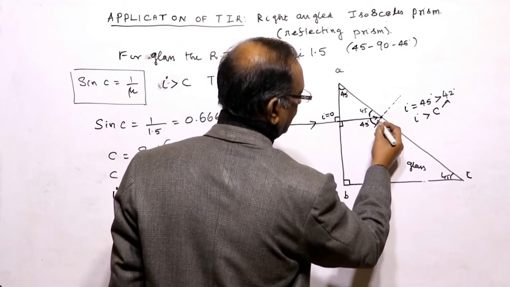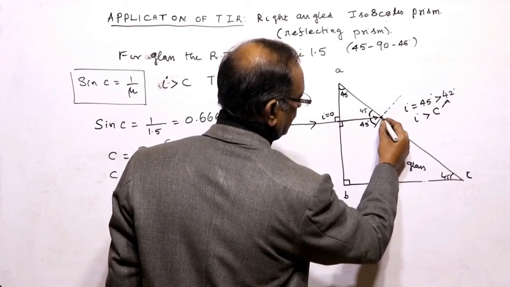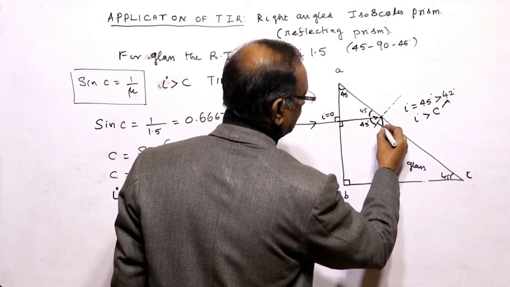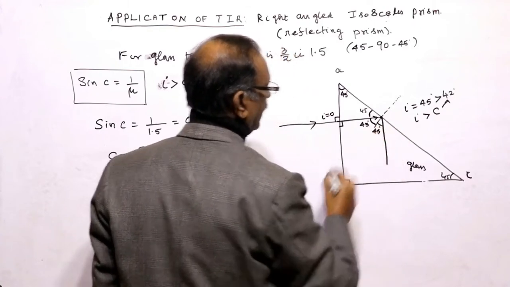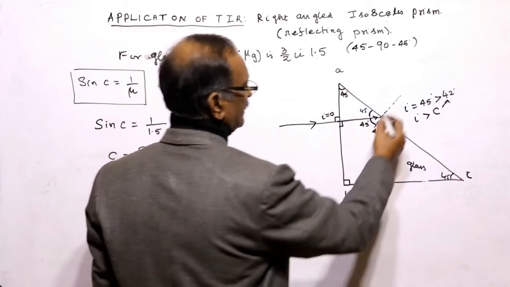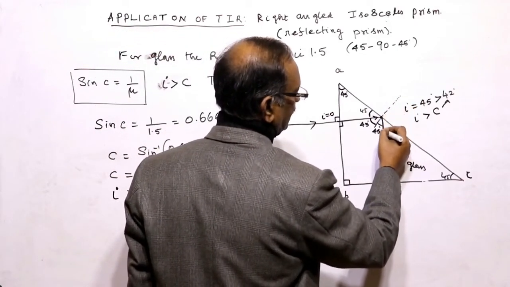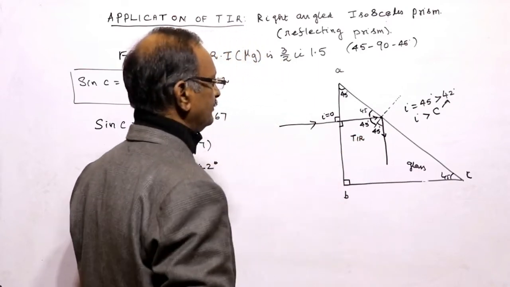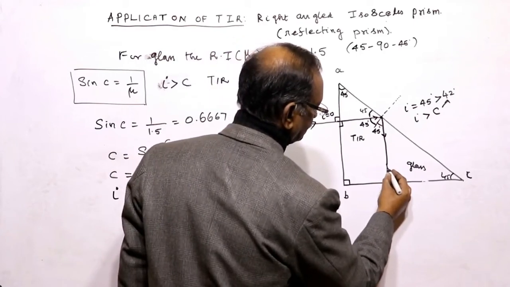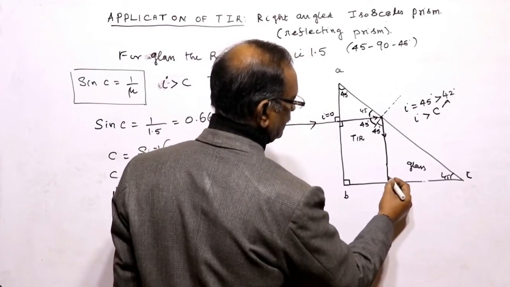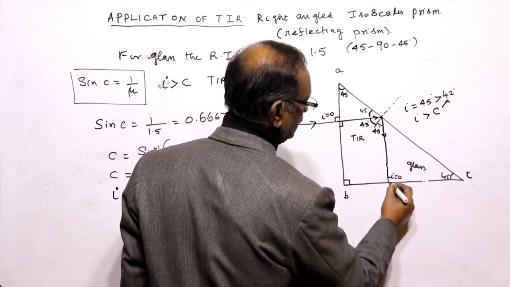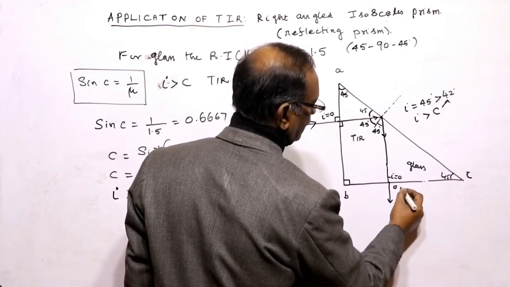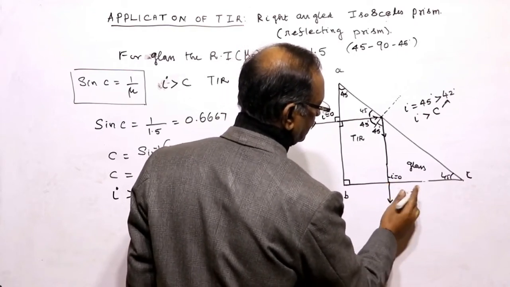So this is the angle of incidence at this point, and with respect to the normal, it will undergo exactly 45 degree as the angle of reflection. This is the reflected ray, it undergoes TIR, total internal reflection. At this surface, since the angle of incidence is 0, the angle of refraction will also be 0.